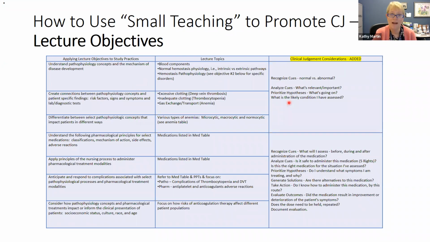And so in my orientation to the course, I shared with the students not only the clinical judgment model, but also how each week they will be tested. I will be measuring their ability to analyze cues, signs, and symptoms. And I will be measuring their ability to prioritize hypotheses.